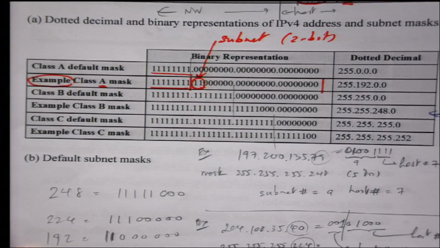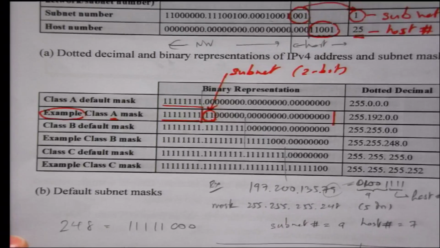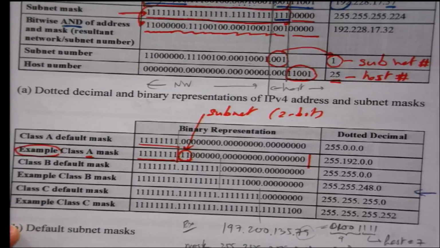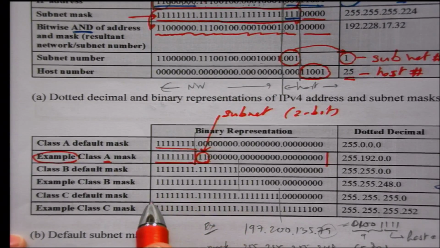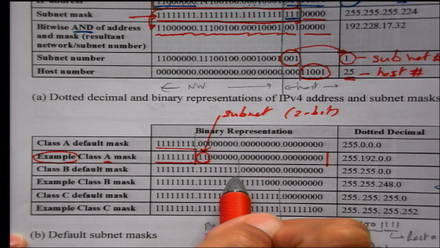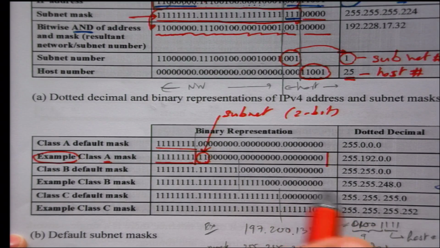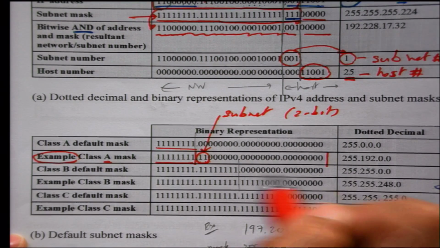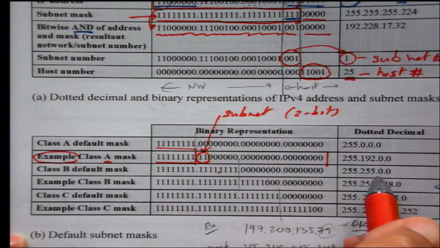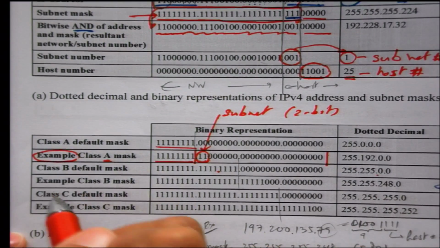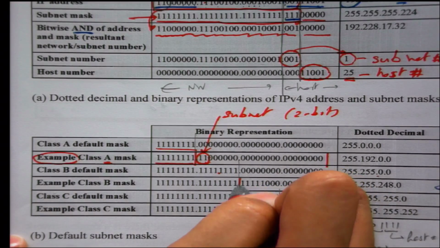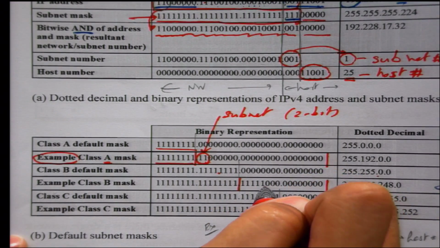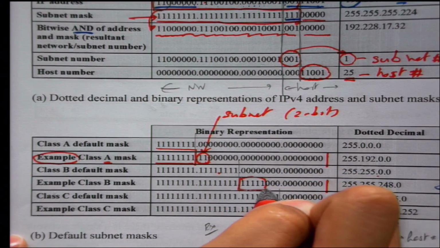Now if you look at the class B mask, it is all 1 for the first 16 bits, and then all 0 for the last 16 bits. So 255.255.0.0. Let's look at the examples of class B mask. The host part is here, and these are the part of the subnet.